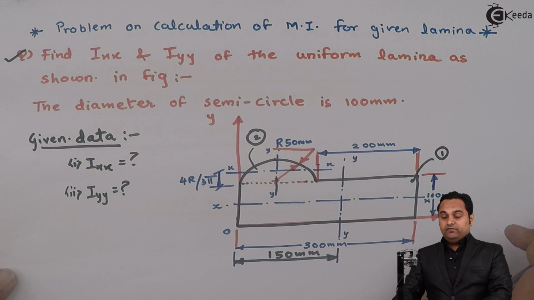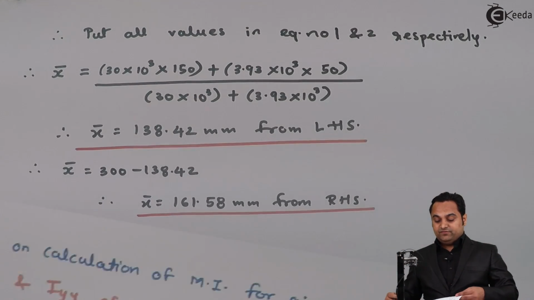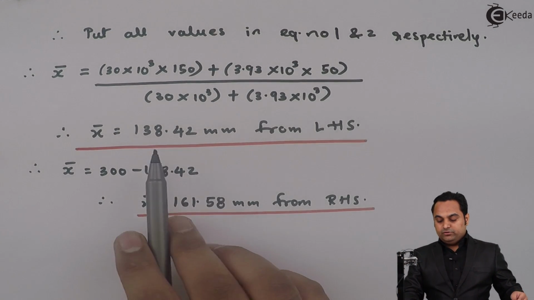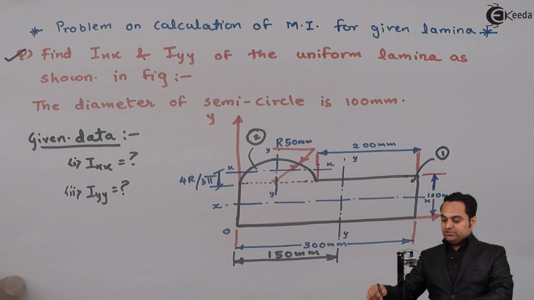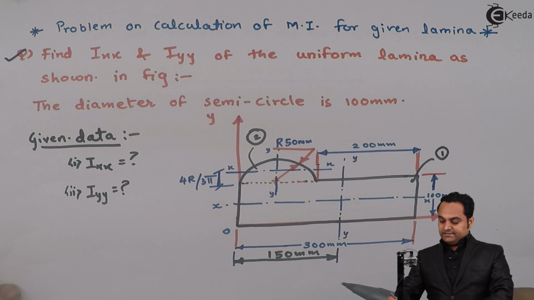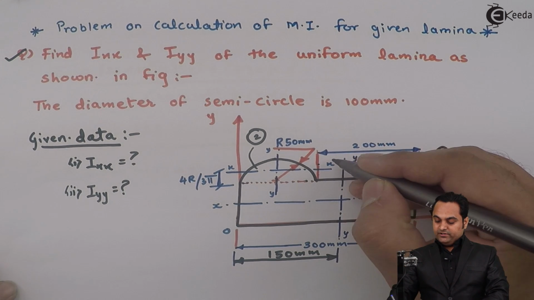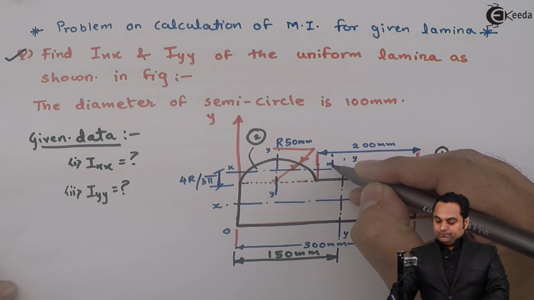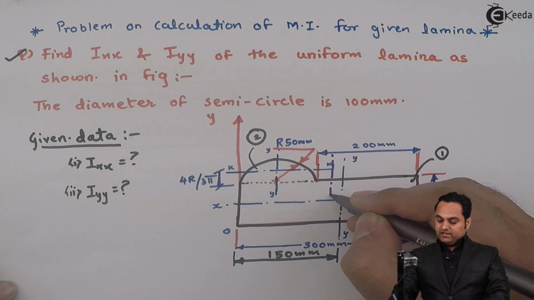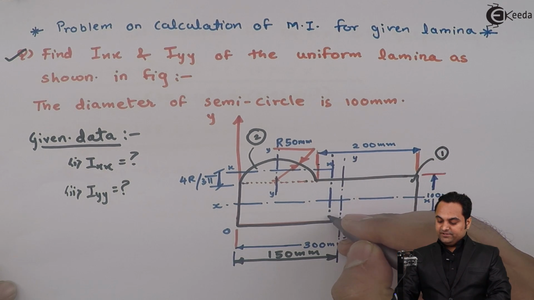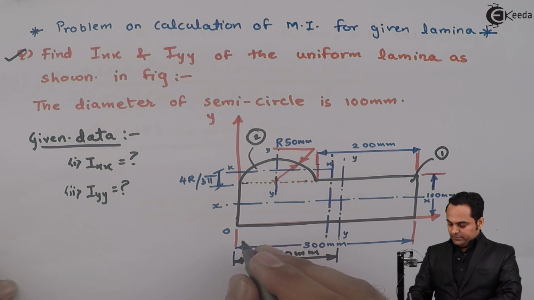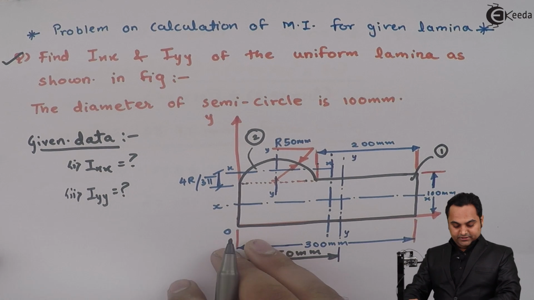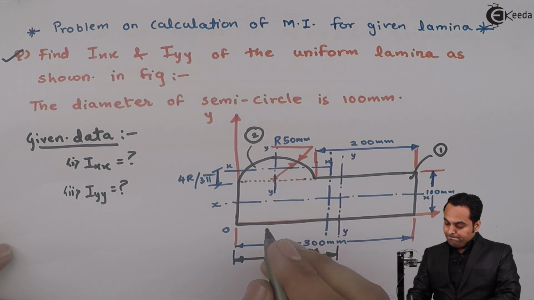Now we have found out the location of y-axis for the complete figure. It is located at 138.42 mm from left hand side. So this distance will be less than 150. So somewhere here this y-axis of the complete system will be there, and it is 138.42 mm.